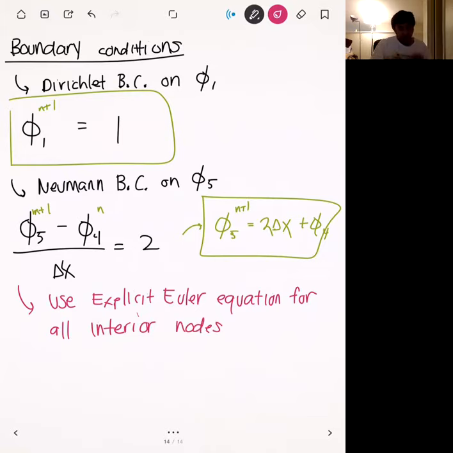That's going to be nodes 2, 3, and 4 in this case. Once you do that, you'll have 5 equations, and usually the best thing to do is to put them in matrix form, because it makes things more convenient.